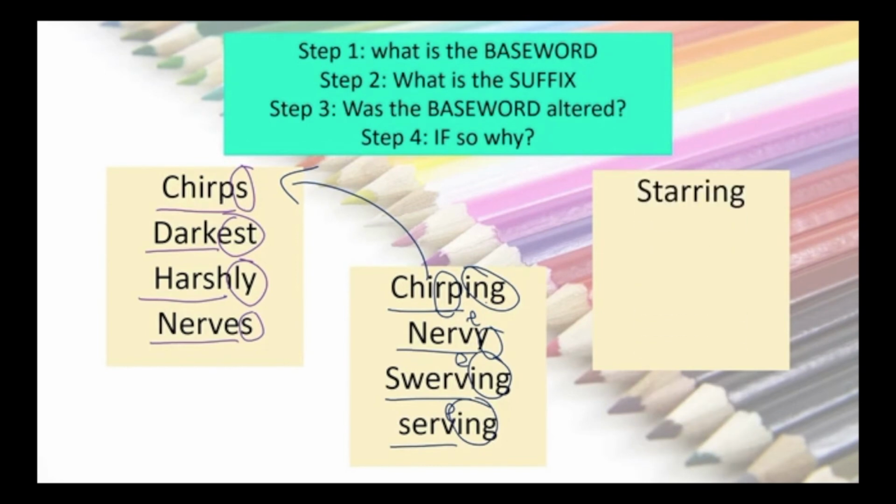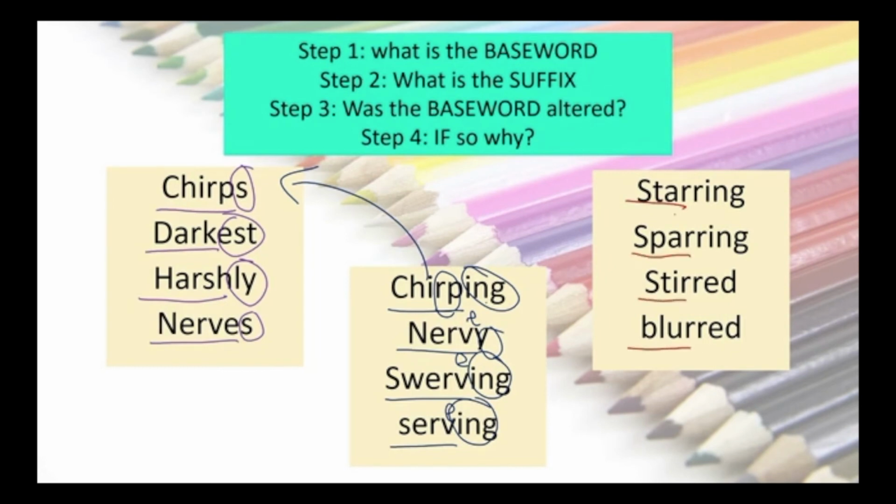In our last set of words, we're going to notice that our base words have been altered in order to add on a vowel suffix. We have the words star, spar, stir, and blur. And we've added on ing, ing, ed, and ed. Each of these is a vowel suffix added onto a 1-1-1 word with an R ending.